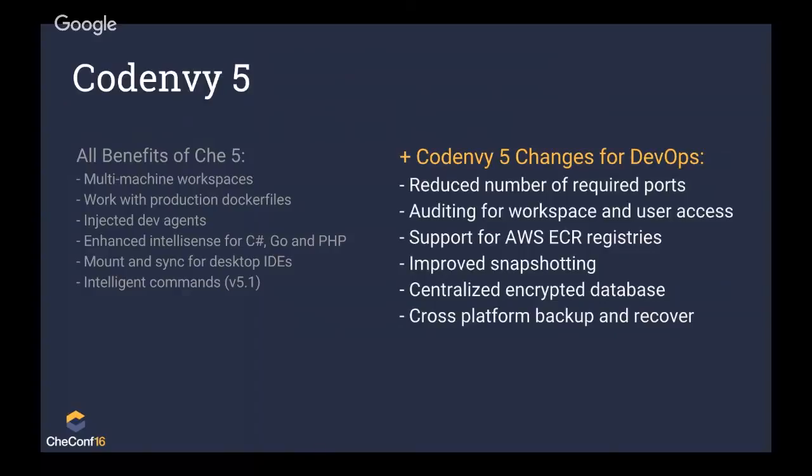We've improved the workflow around snapshotting, so it's a little bit easier to understand what's happening and where snapshots are and how you do them and all that good stuff. We've centralized the data stores into a single encrypted database, so that's nice, and offered cross-platform backup and recovery. So a ton of really great stuff being added. And you see it's all very enterprise-focused on top of the goodness already in Che 5.